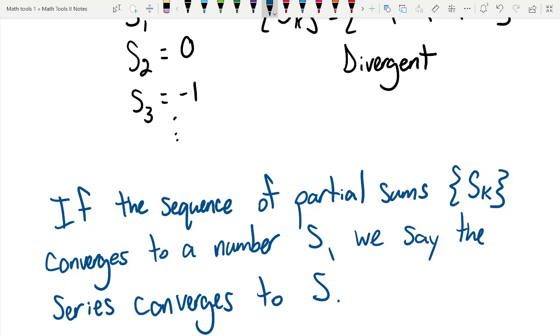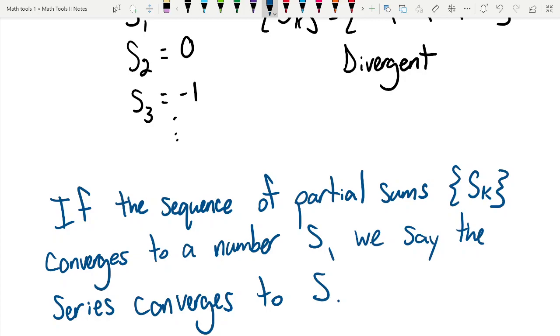And then otherwise we would say that it diverges. Okay? So again, this is kind of the ideal way to do it, but it's not necessarily an easy way to do it in all cases.